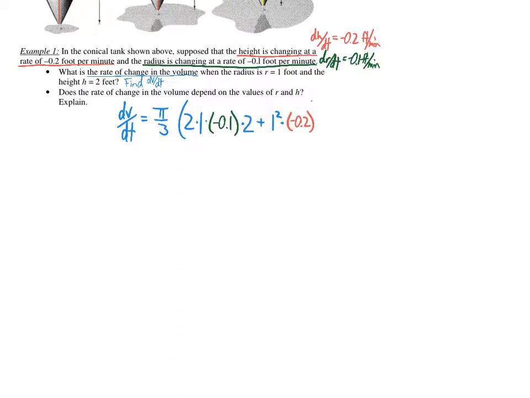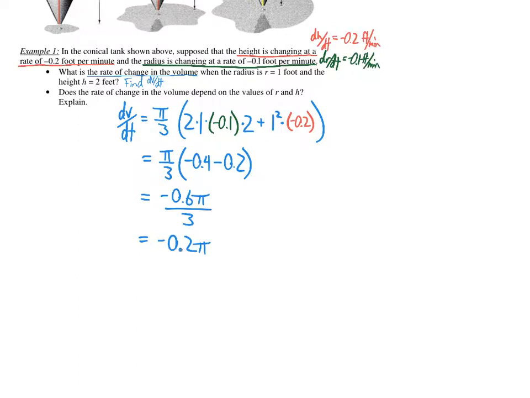So I simplify all this, and I've got pi over 3 times, that's going to be a negative 0.4 minus a 0.2. So that's a negative 0.6 pi over 3, which is a negative 0.2 pi. So that is the dV dt.